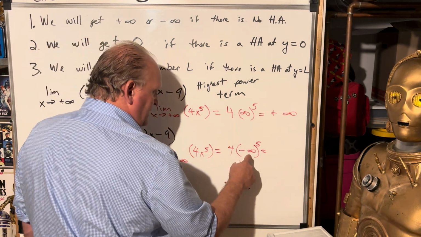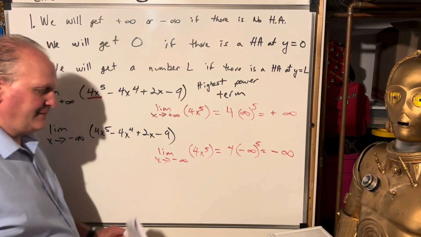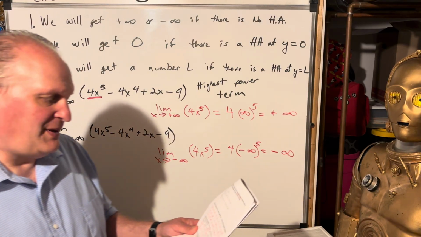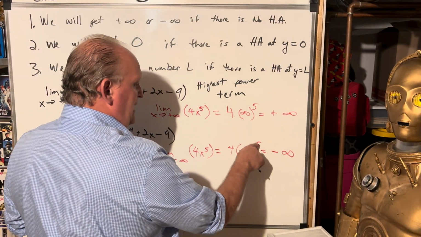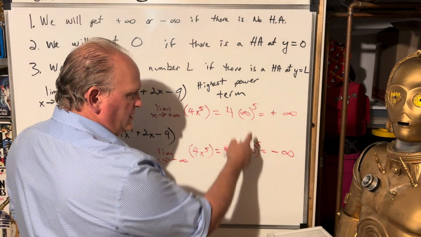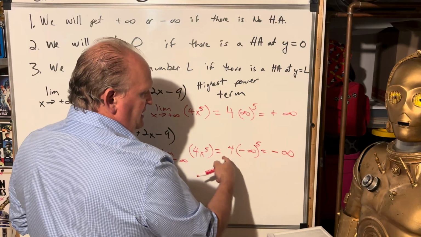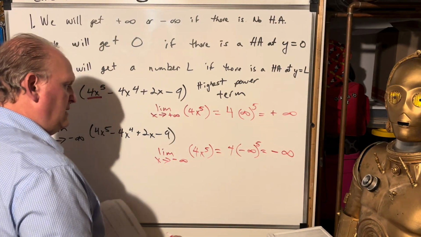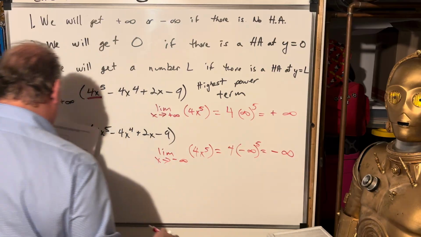And that huge negative number times 4 is going to be negative infinity. So you have to pay attention to what's going on with the powers. If that was to the 4th power, both of them would have been going to positive infinity. This would have been changed to a positive huge number times 4. So even powers equate to positives.